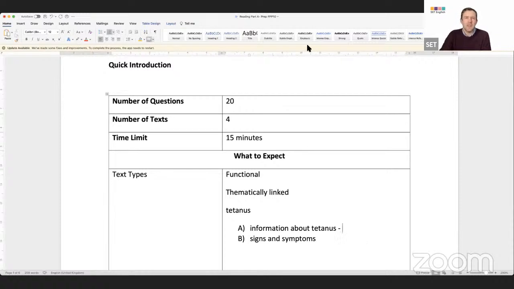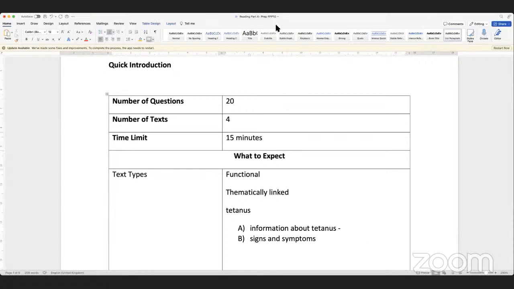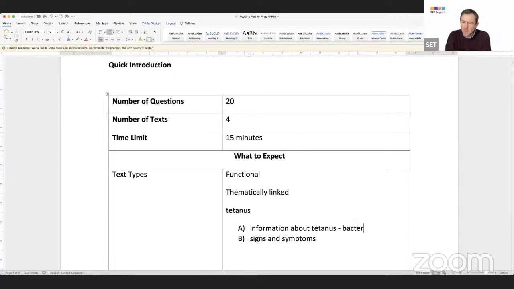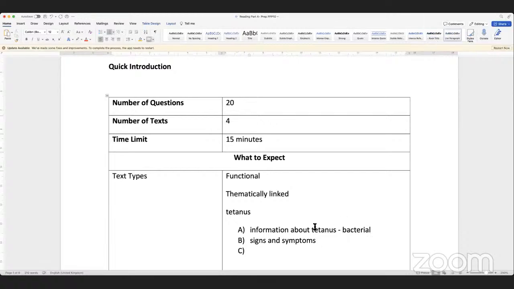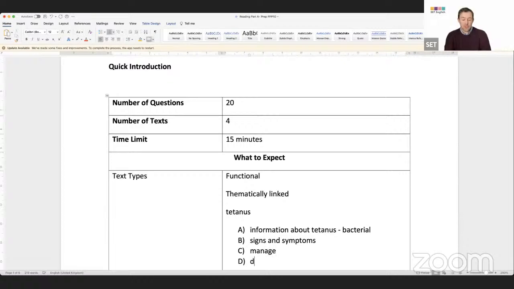Is it bacteria involved in tetanus? Yeah. So they might give you some bacterial information or common ways that it's contracted. Yeah, okay. And then you might say something, signs and symptoms. Yeah, that's obvious. Anything else? Management. Diagnosis. How to manage it, how to diagnose it.